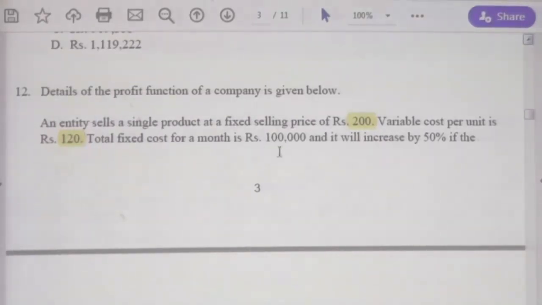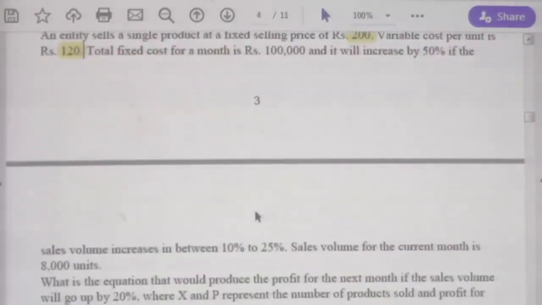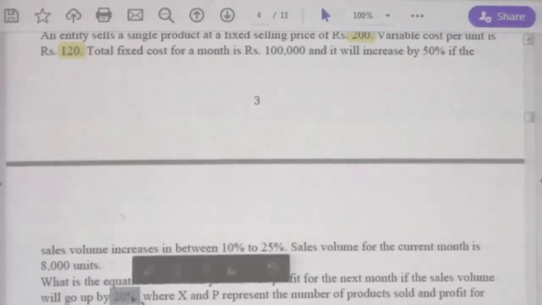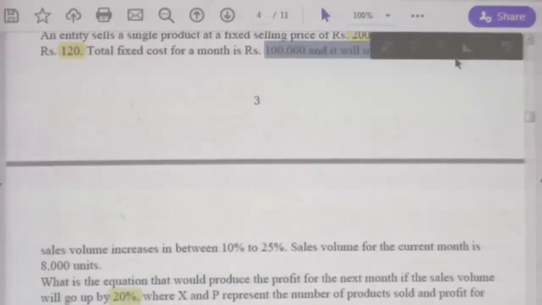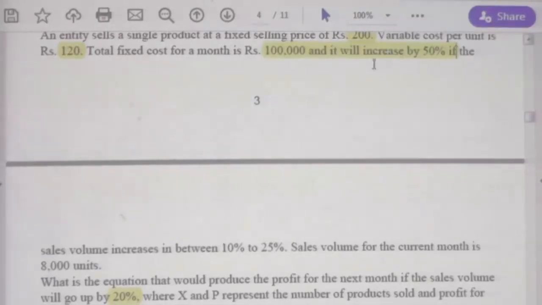Fixed cost is generally 100,000, but if you sell an additional 10% to 25%, that fixed cost will increase by 50%. Now, this time your sales increase by 20%. Therefore, this fixed cost needs to be increased by 50%. That is, fixed cost will be 150,000.